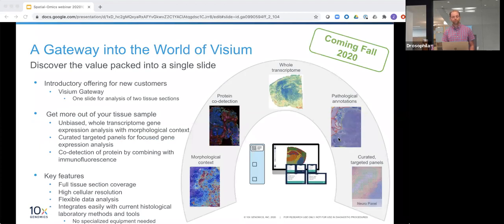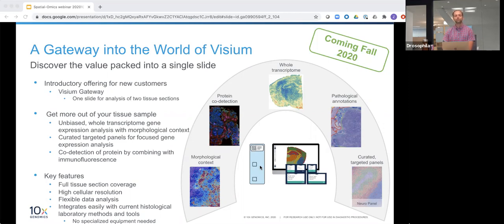One thing that we'll release fairly shortly, probably first part of November, is the Visium Gateway. This is essentially a new slide type that allows you to have only 2 tissue sections per slide. It'll give you a taste of Visium. You can check it out, make sure it works on your tissues before you make the investment to buy these larger kits.